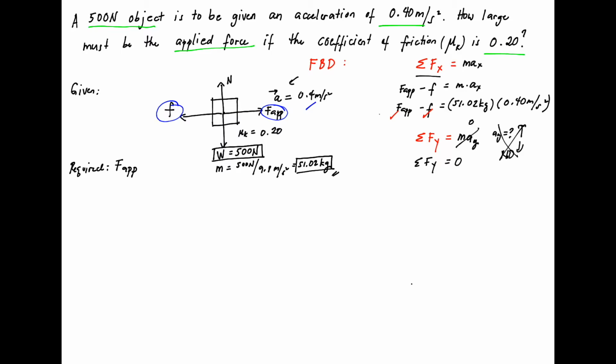Now, what are the components of our Fy? Our components of our Fy is the normal force minus the weight, since the force is pointing downward, equals to 0. And the normal force is unknown minus the weight, which is 500 Newton, equals to 0. Therefore, the normal force is 500 Newton.